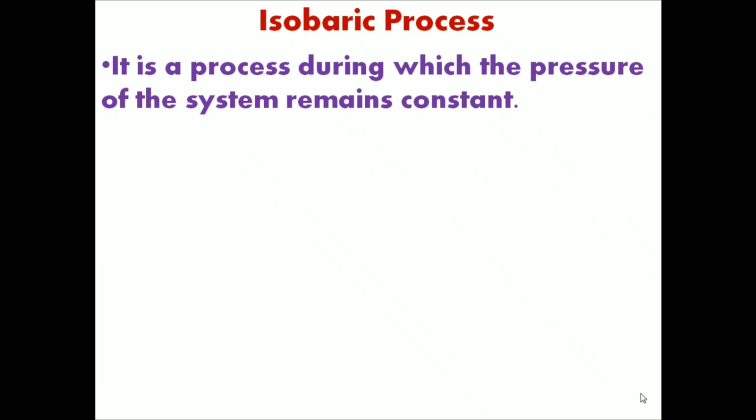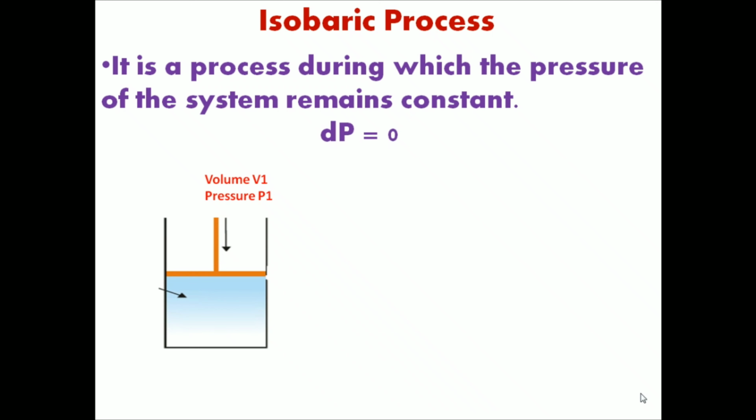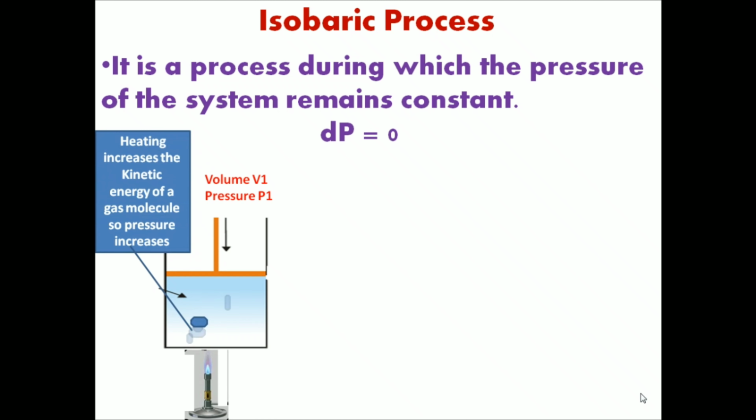The next process is the isobaric process. An isobaric process is a process during which the pressure of the system remains constant, where dP is equal to 0. Consider a system which is at volume V1 and pressure P1. If we heat the system, what happens?